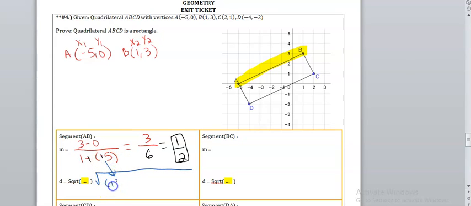So it's parentheses 1 minus -5 squared, plus the top one, which is 3 minus 0 squared.